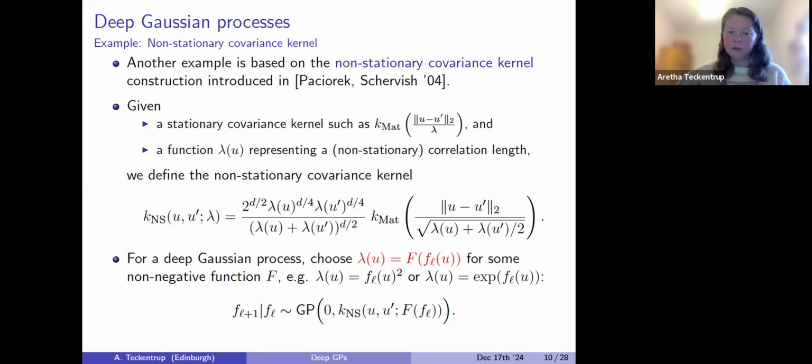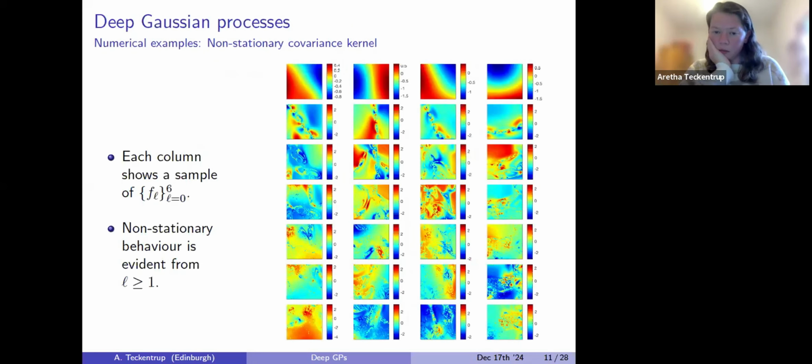With this construction, you would then get samples like this. In each column, I'm showing you an independent sample of the Gaussian process. Each row shows samples of the processes F0 to F6. The first row has 4 independent samples of the initial Gaussian process F0.